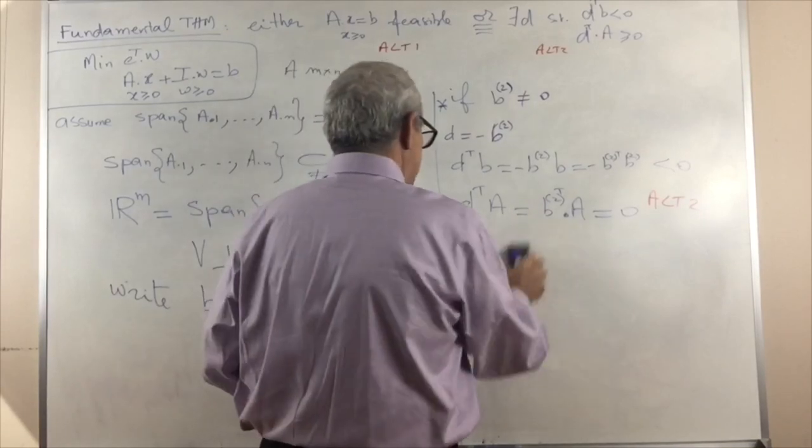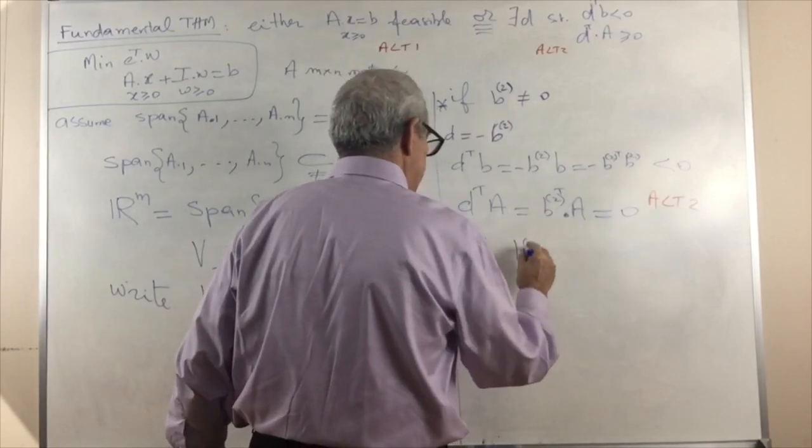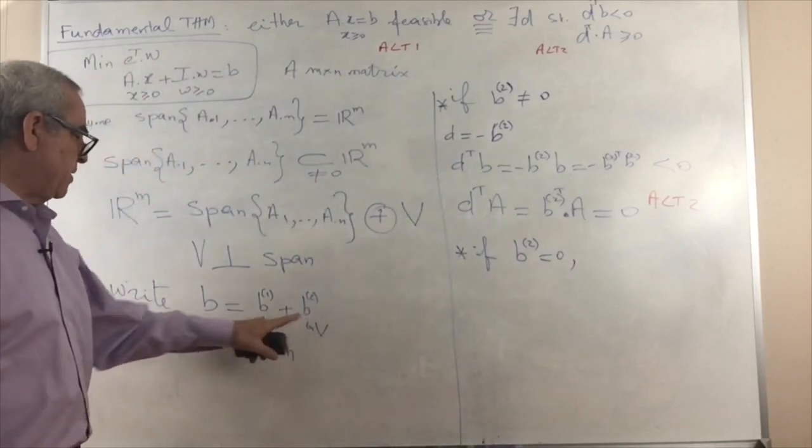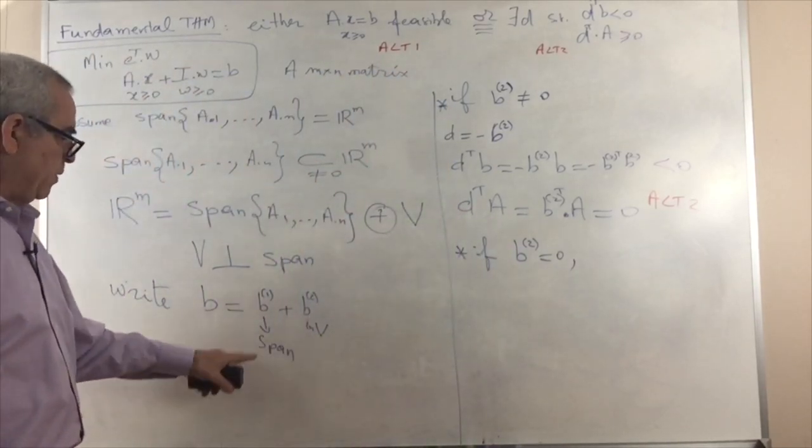And then, if B2 is equal to 0, right? If this element is 0, then B is just B1, and B1 belongs to the span.